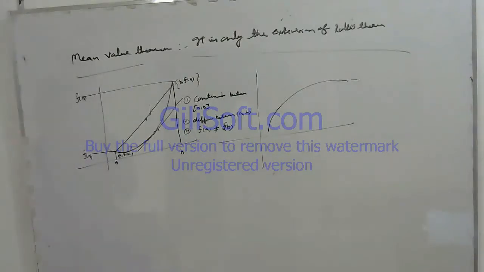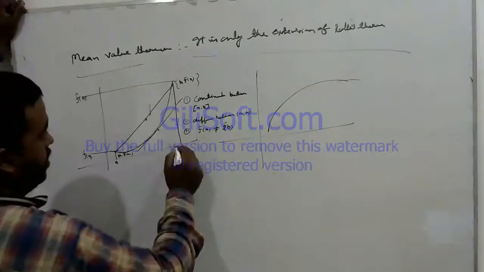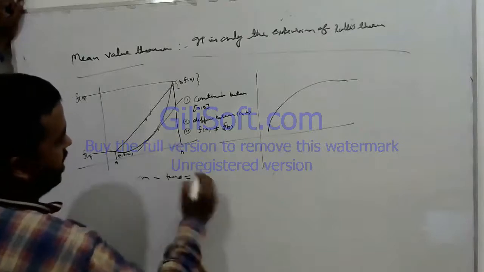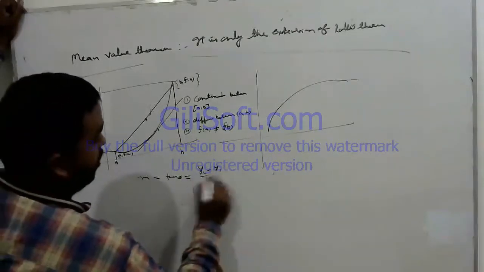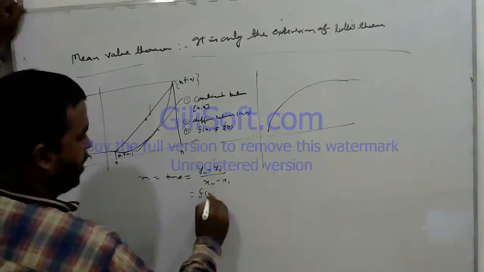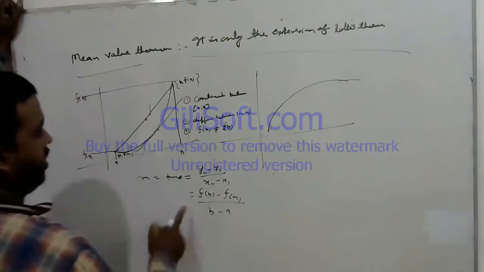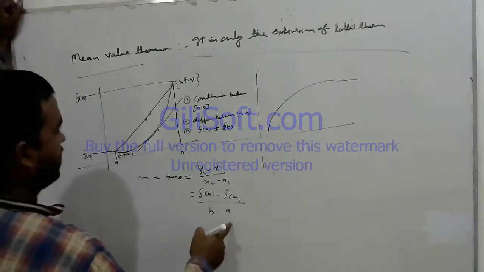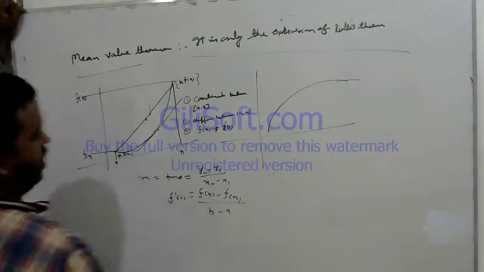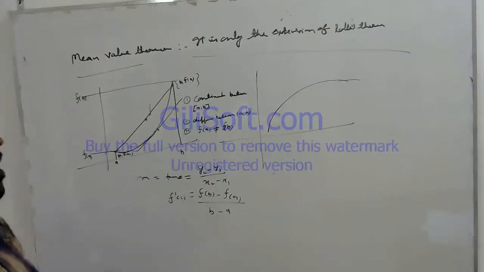So if we find the slope of this secant, you know that slope m means tan theta, and tan theta is equal to (y2 minus y1) by (x2 minus x1), and this is f(b) minus f(a) by b minus a, and this is the value of f dash c, where we get f(b) minus f(a) by b minus a.